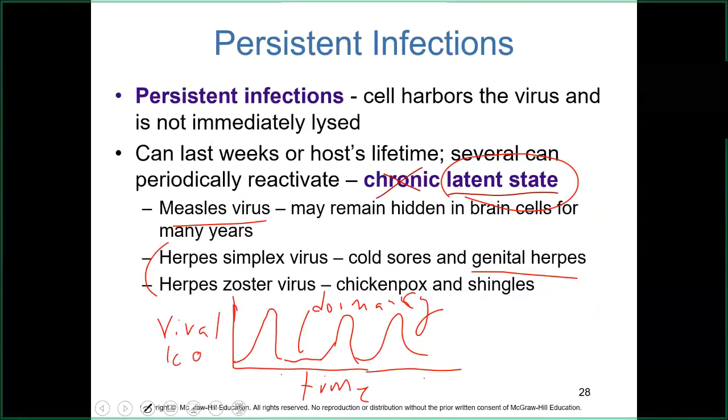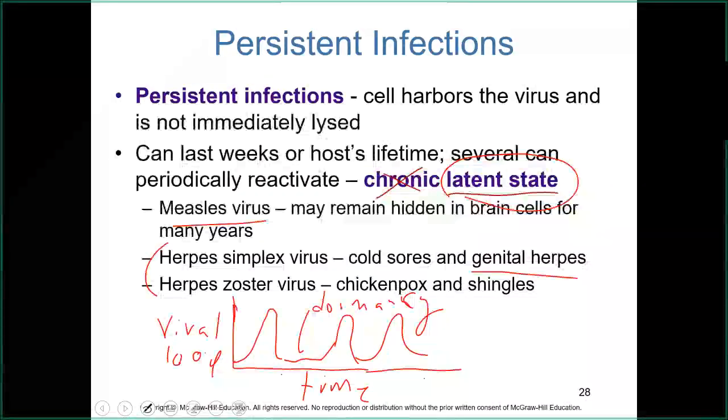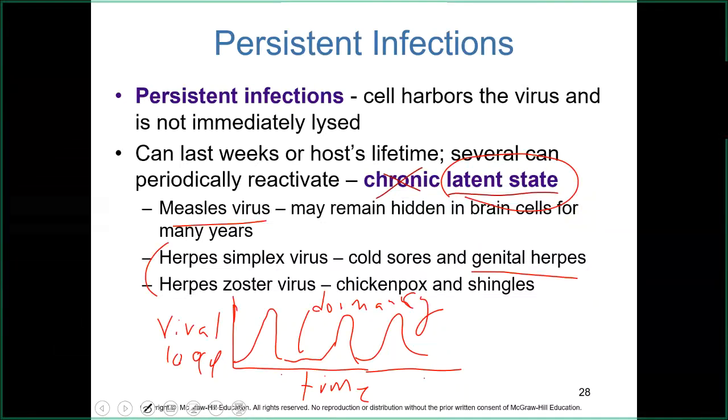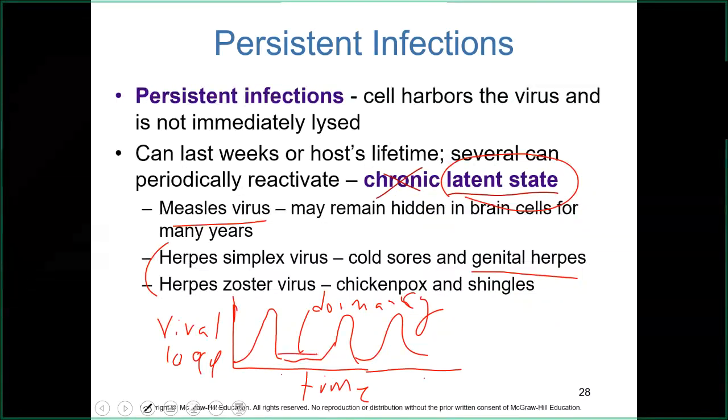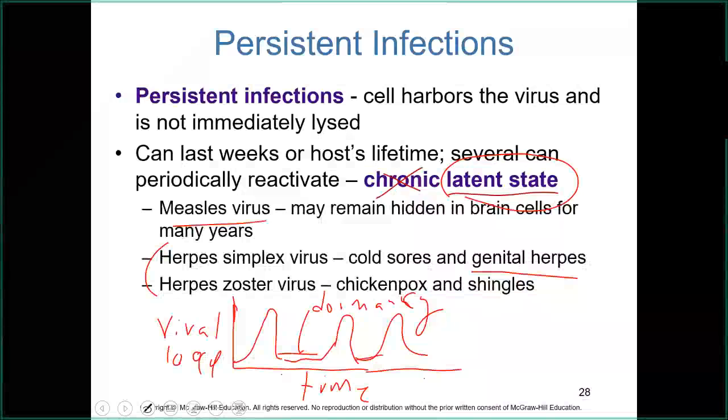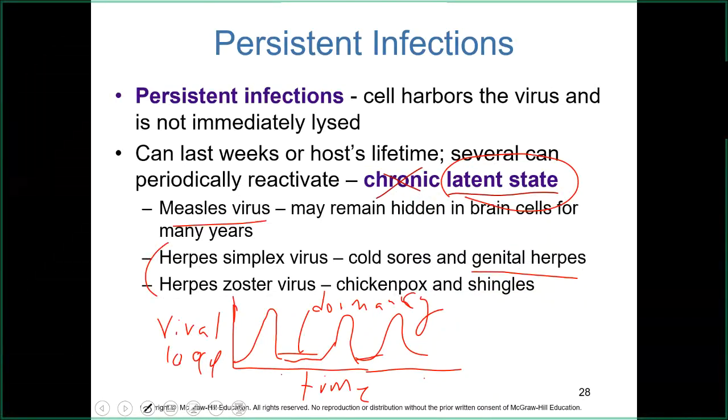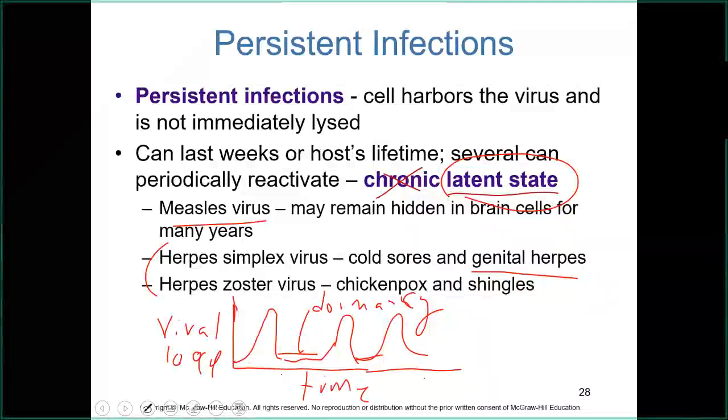All right. That's just simply the number of viral particles that your cells contain. And so over time, you can see this viral load goes up and down. And in these low spots in here, these valleys between the peaks, you're in dormancy. Okay? That's latent. That's the latent type of infection. They're persistent, they're long-lasting, and they're latent.